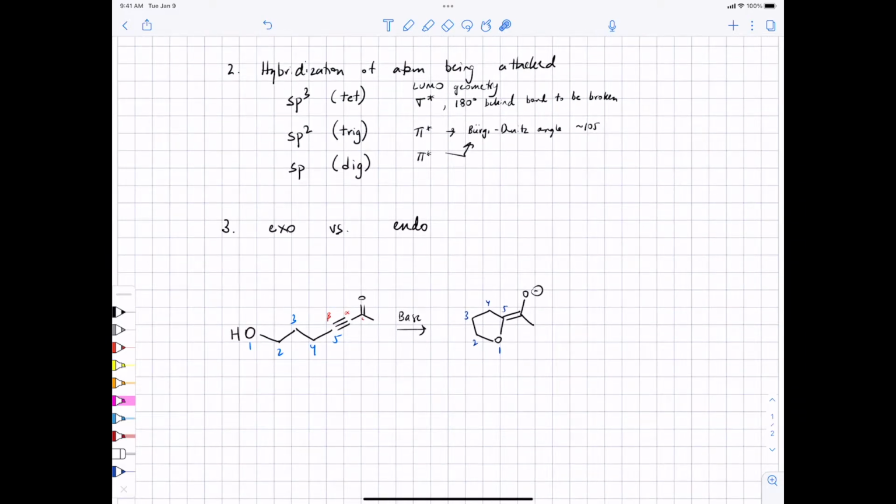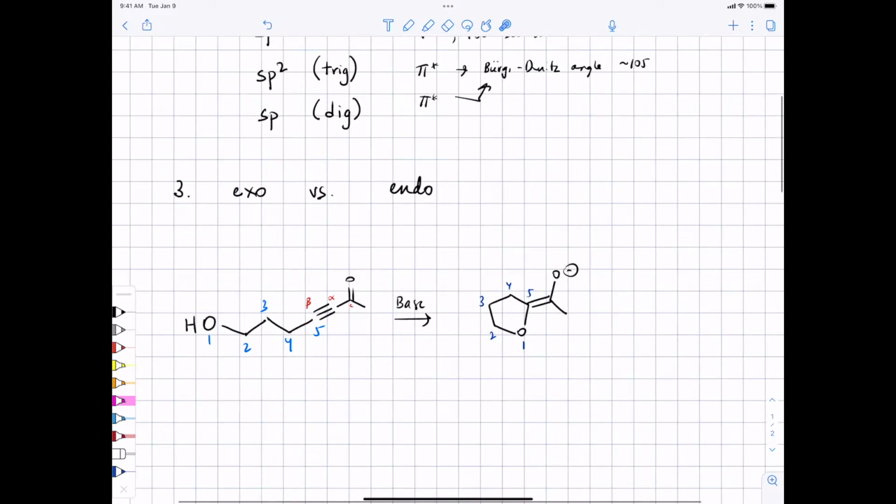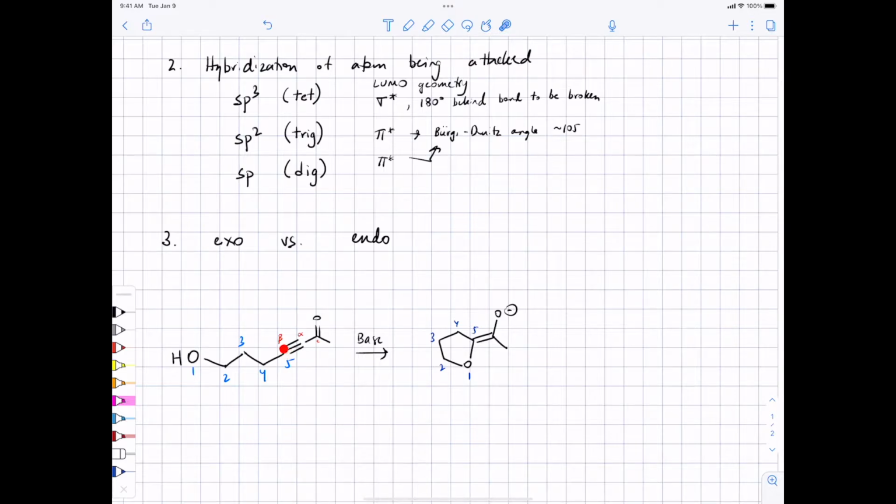So the hybridization of the atom being attacked, you still see? We're good? Okay. The hybridization of the atom being attacked is this beta carbon, which is sp, so that we would classify that as a dig cyclization. If it were something else, we would classify it as trig or tet.